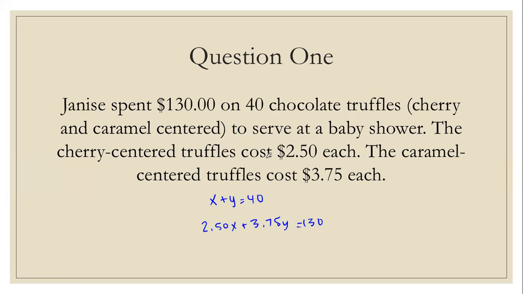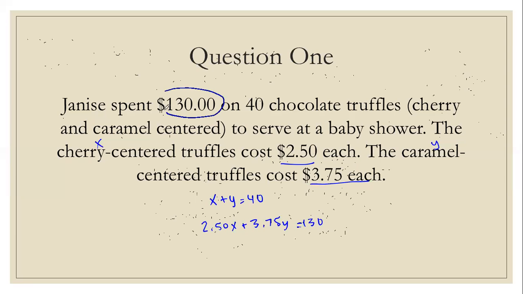The cherry ones cost $2.50 each. The caramel ones cost $3.75 each. So if cherry is x and caramel is y, that would be 2.50x because it's $2.50 for each cherry-filled, plus 3.75y because it's $3.75 for each caramel one. And she spent a total of $130. So that's why that is my equation.